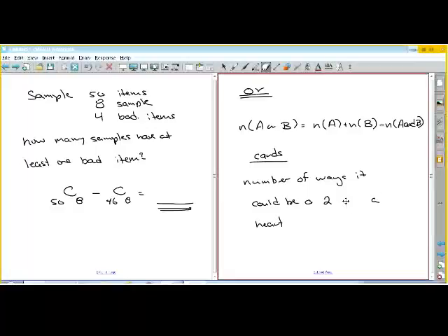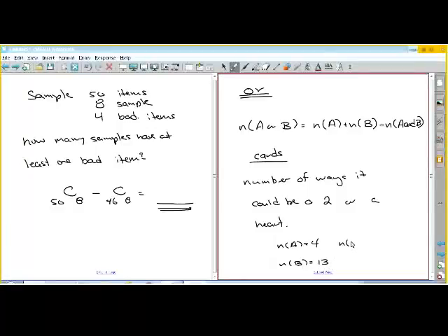It's not and, it's or heart. So I'm going to pick a card, 52 cards. How many different ways out of the 52 can it be a 2 or a heart? So what you do is you find the number of cards that are 2s. So in this case, N of A is 4, because there are 4 suits. Then you have B, which is the number of hearts, the second part of the OR statement, and there are 13 hearts.